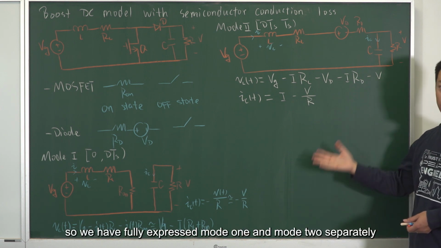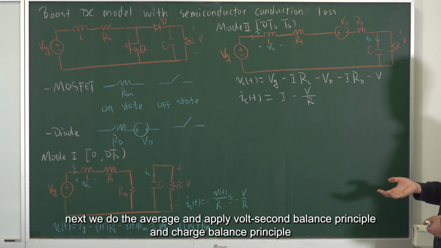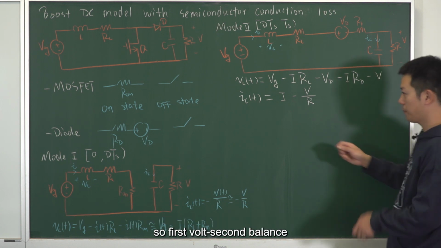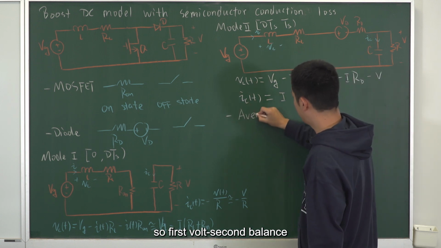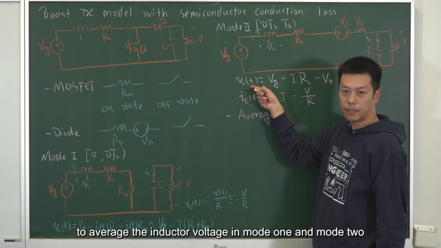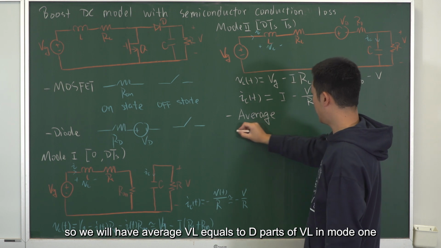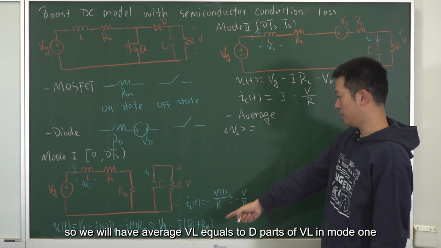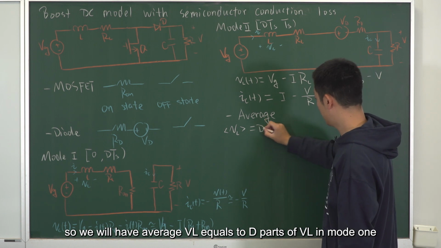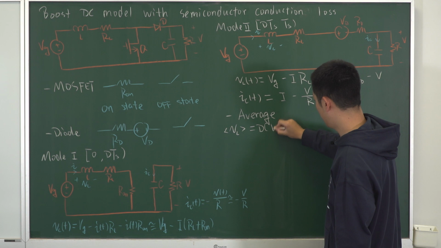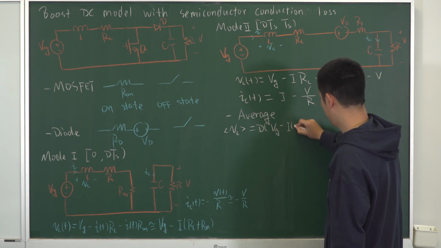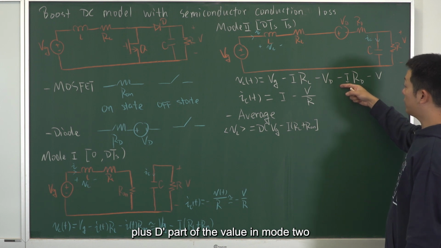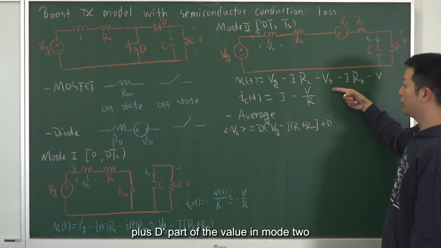So we have fully expressed mode 1 and mode 2 separately. Next, we do the averaging and apply the volt-second balance principle and the charge balance principle. First, volt-second balance. We average the inductor voltage in mode 1 and mode 2. So we have the average VL equals D times VL in mode 1, plus D prime times the value in mode 2.